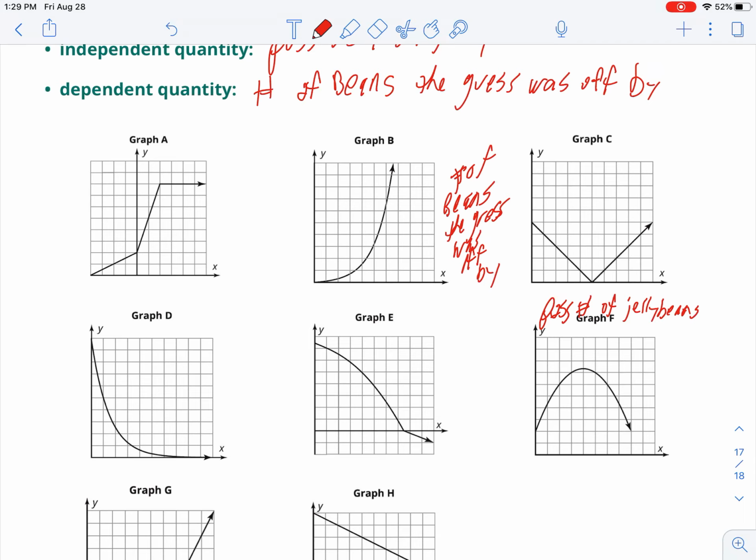Okay, so we've got a lot of jelly beans here, and we don't really have any good information. We're talking about beans in a jar, so I'm going to guess there's quite a bit of beans in a jar. Looking at what they have as a suggestion, we're going to use our scale to go by 100. And the number of guesses, we're also going to use a scale of 100.